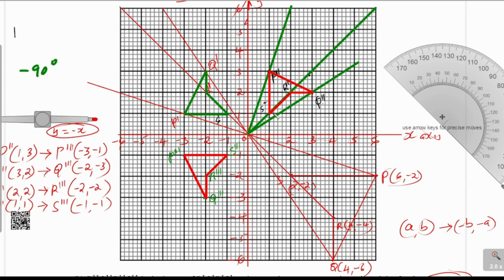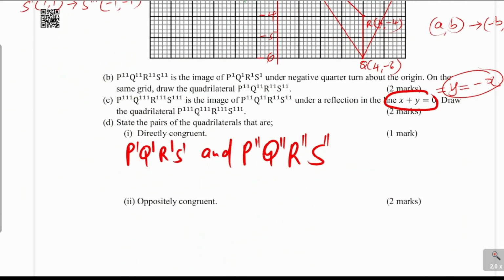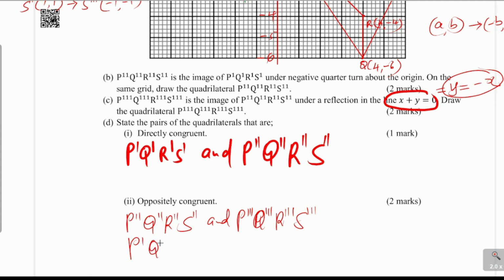So we have image 2 and 3, P2, Q2, R2, S2, and P3, Q3, R3, S3. And then image 1, P1, Q1, R1, S1, and the third one, P3, Q3, R3, and S3. So those are the ones that are oppositely congruent.